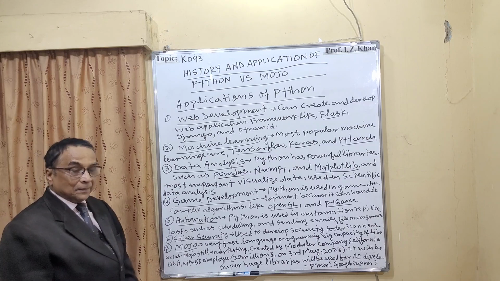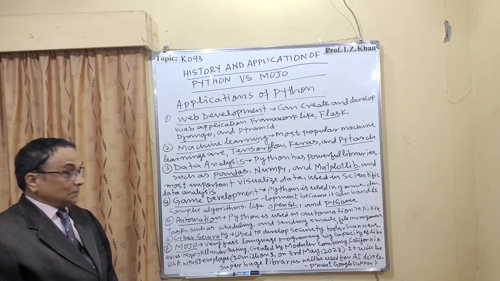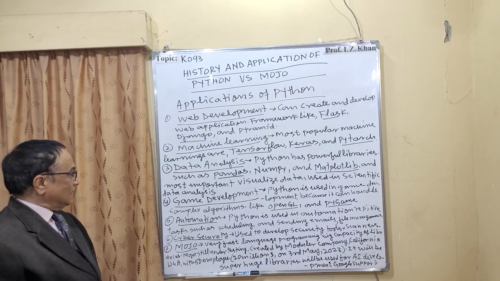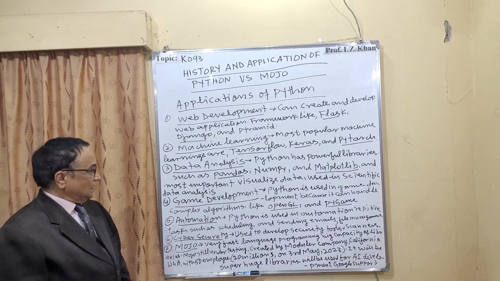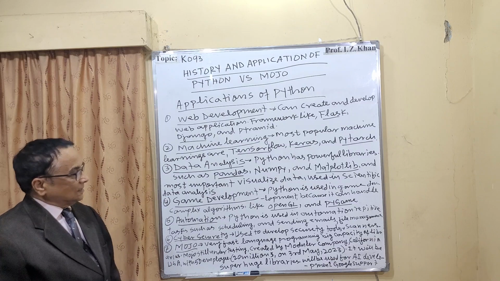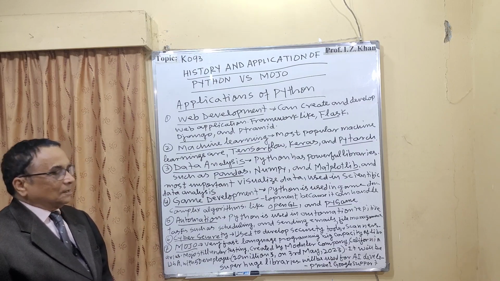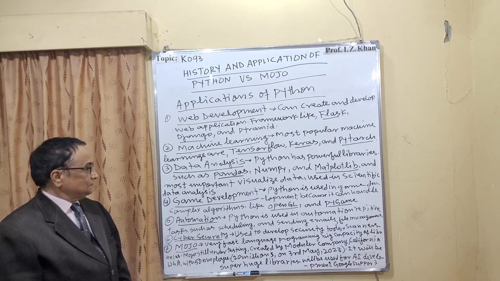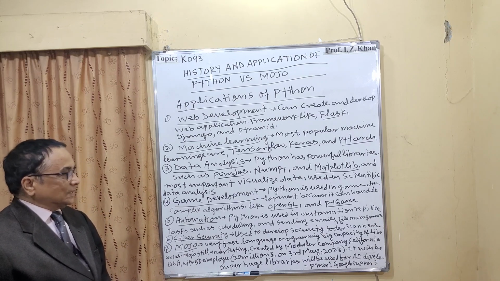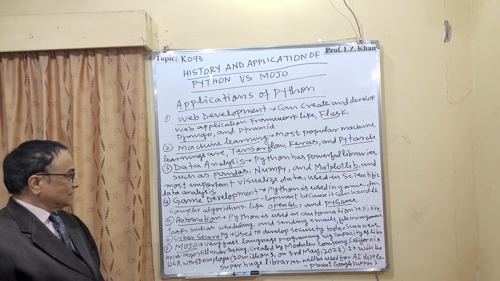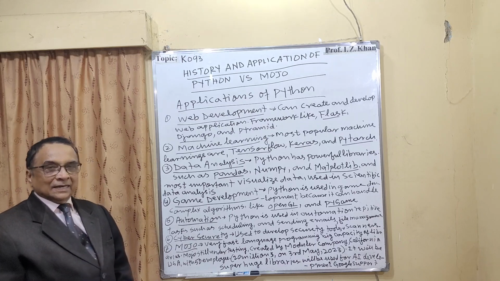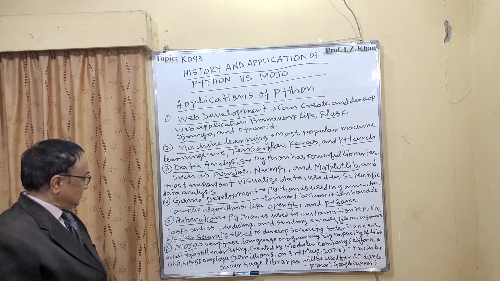Number 4, game development. It is also used for game development. Python is used in game development because it can handle complex algorithms like OpenGL and Pygame. Number 5, automation. Python is used in automation of repetitive tasks such as scheduling and sending of email and arranging of files.